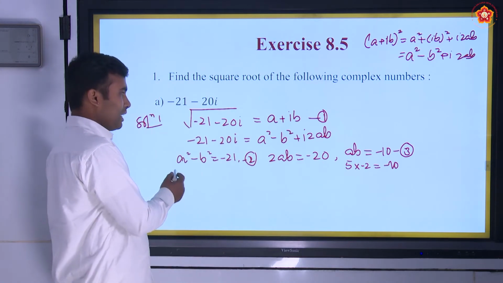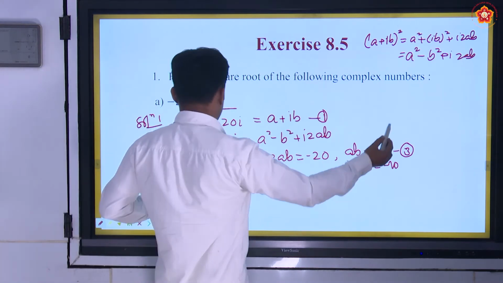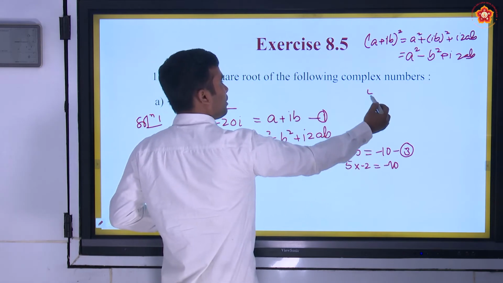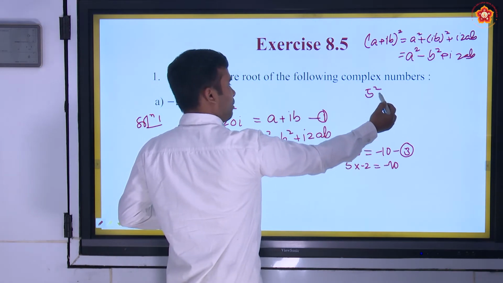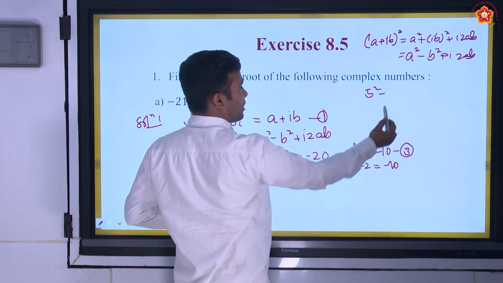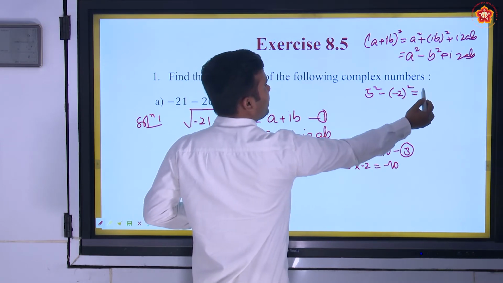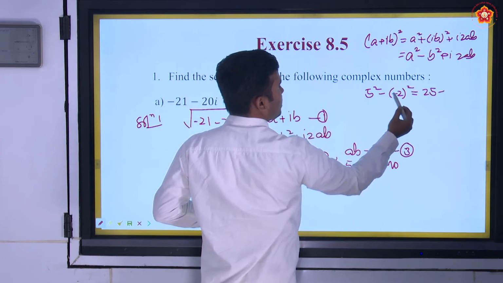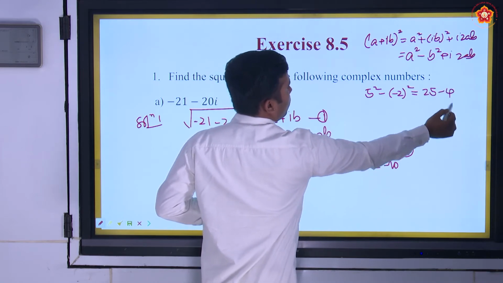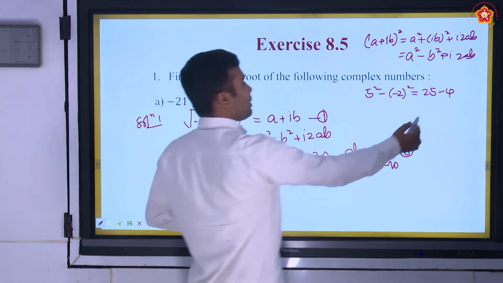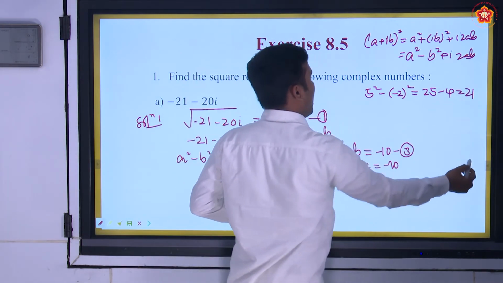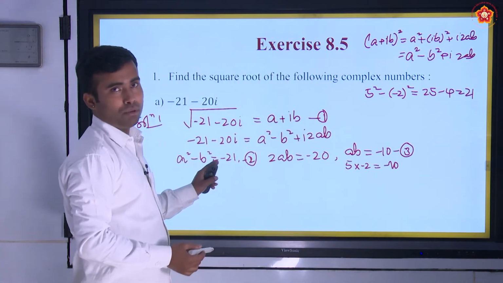If I substitute that in this equation, it will be 5 square minus (minus 2) whole square, which is 25 minus 4, that is plus 21. And plus 21 is not equal to minus 21.